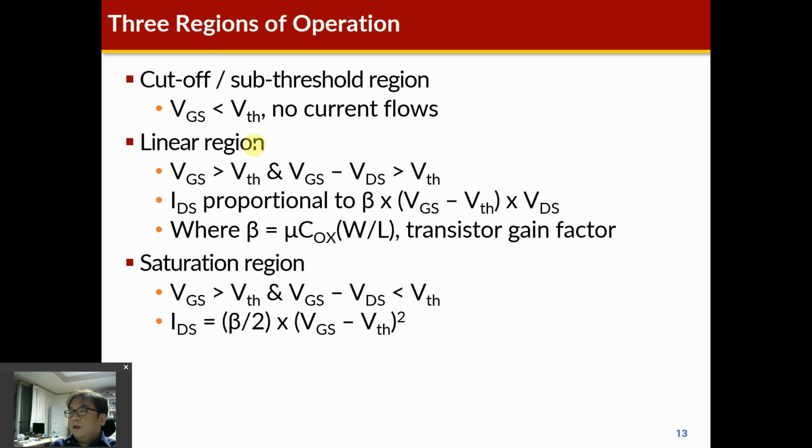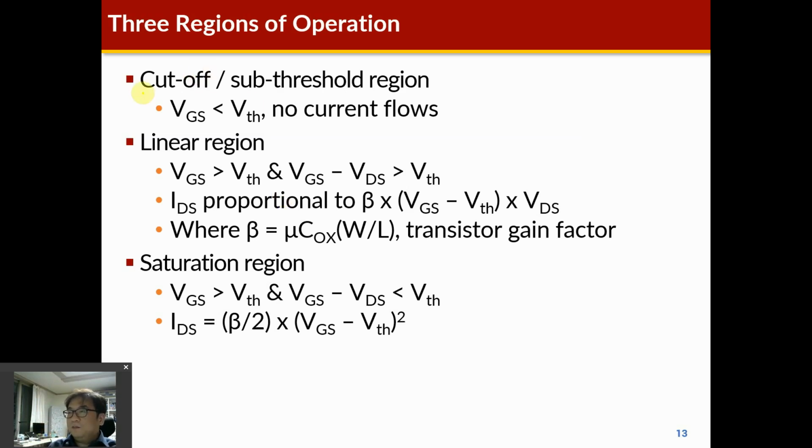Actually there are three regions of CMOS transistor operation, and if you take a microelectronics course, then you learned about these three regions of operation, but this is a computer architecture course, not a microelectronics course.